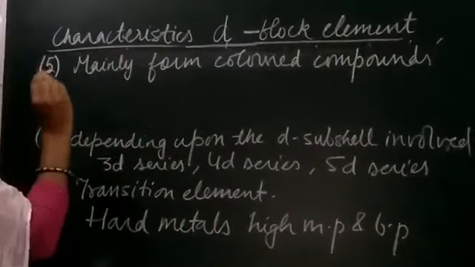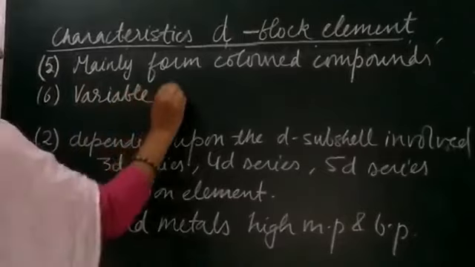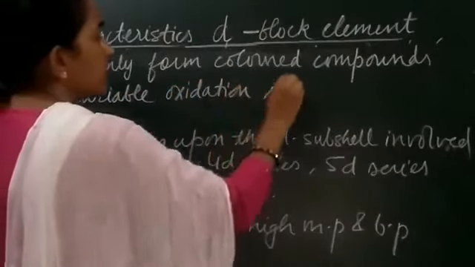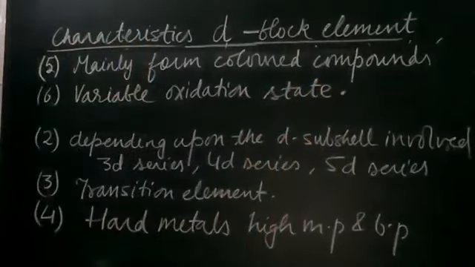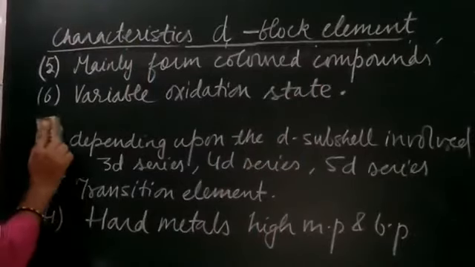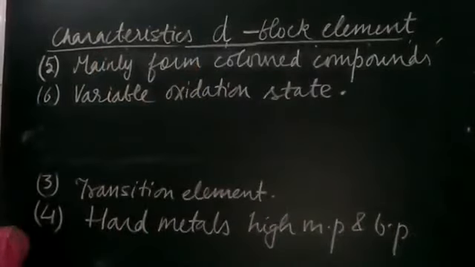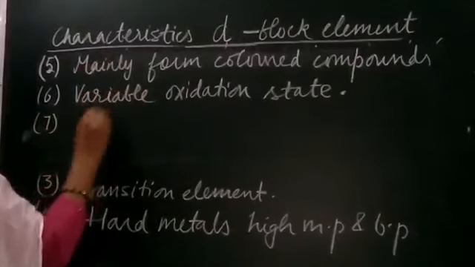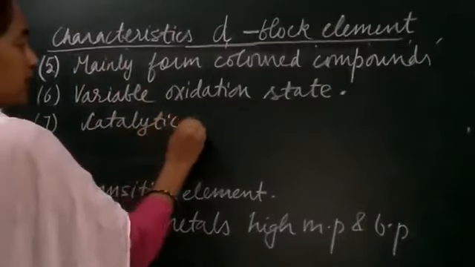Sixth, they show variable oxidation state. The variation in the oxidation state depends upon their outermost shell electronic configuration, that is the number of electrons available in the outermost shell. Next, elements of this group show catalytic properties.